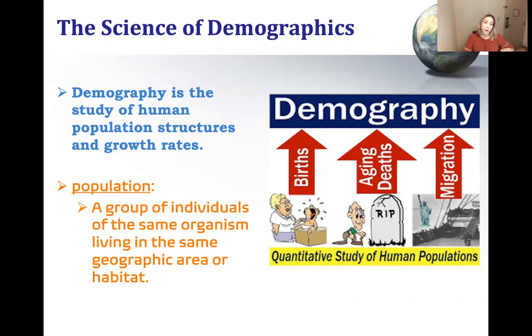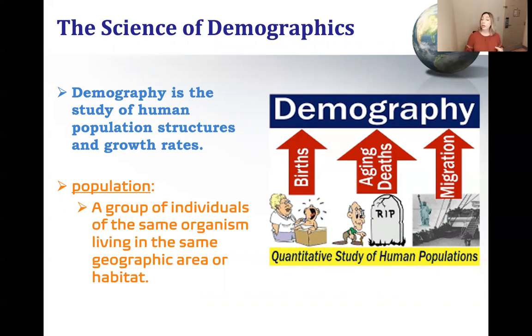The study of demographics actually crosses many different disciplines. You have geography, genetics, sociology, things like that, that help to study how human populations grow. In your learning objective, I stated that you have to know the definition for a population.